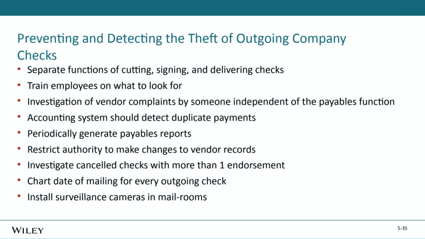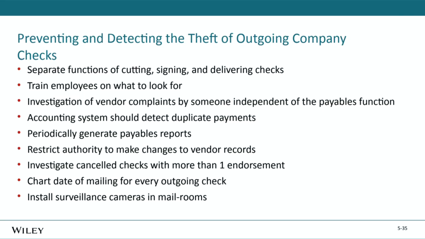So again, big check being mailed out to a vendor, go into the records, change the address for that vendor so that when a check is cut, it's mailed out to this bogus address. Either you intercept it then, or it gets bounced back and you in the mailroom get that returned check. And then you go in and change the address back. So it doesn't look like there's been a problem.